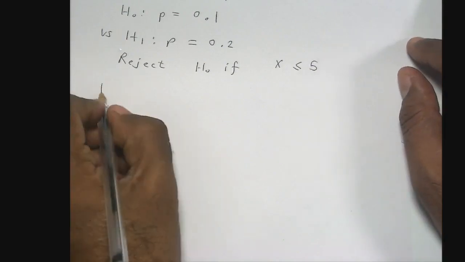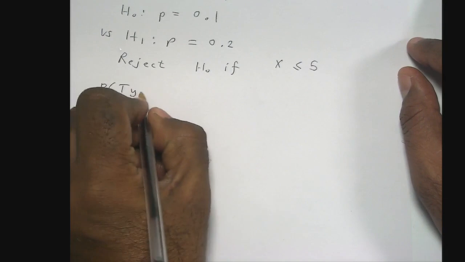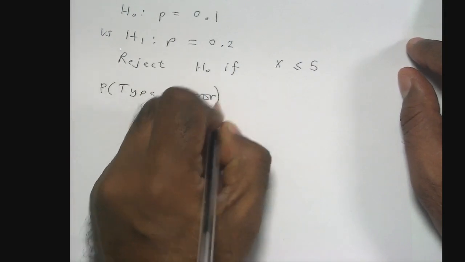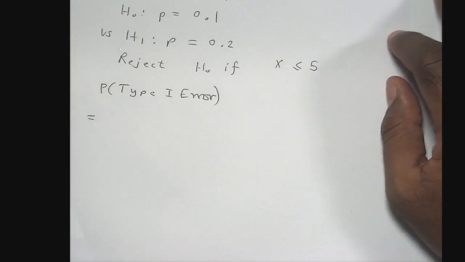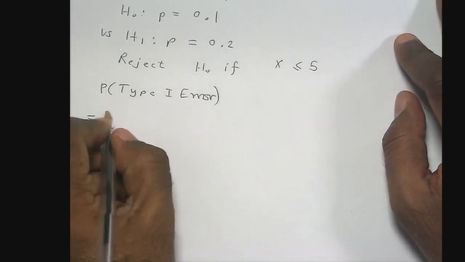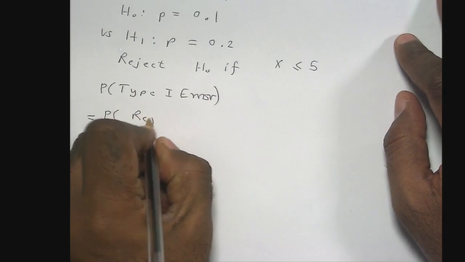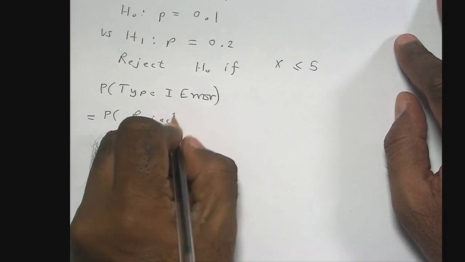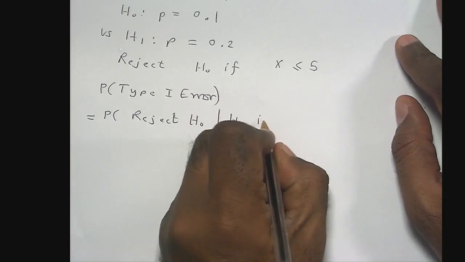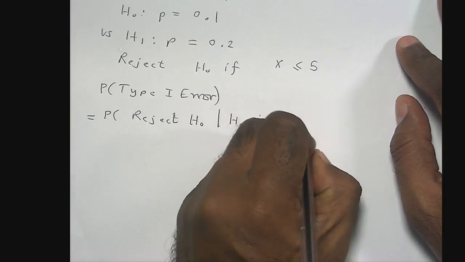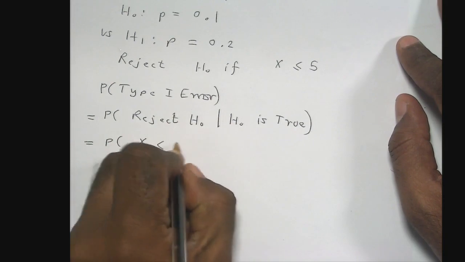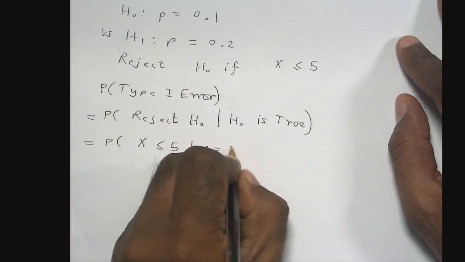Now the probability of type 1 error. Do you remember from last week what type 1 error is? It is the probability of rejecting H naught when H naught is true, right? Which is the probability that x is less than or equal to 5 when p is equal to 0.1.